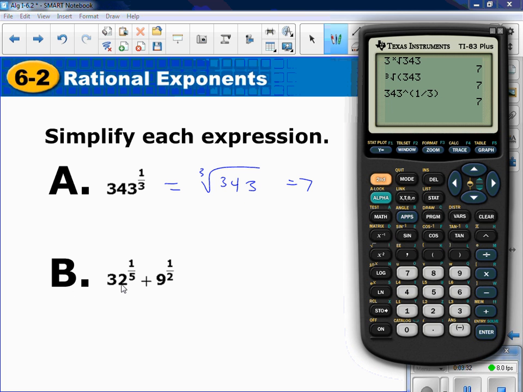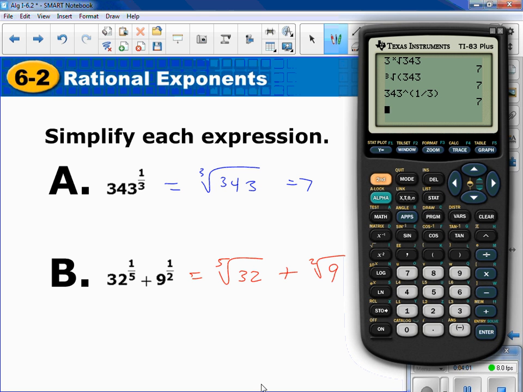For part B here, I have 32 to the 1/5 plus 9 to the 1/2. What does 32 to the 1/5 mean? Fifth root of 32 plus the square root of 9. Now, square root, we don't have to put the 2 here, but we can.